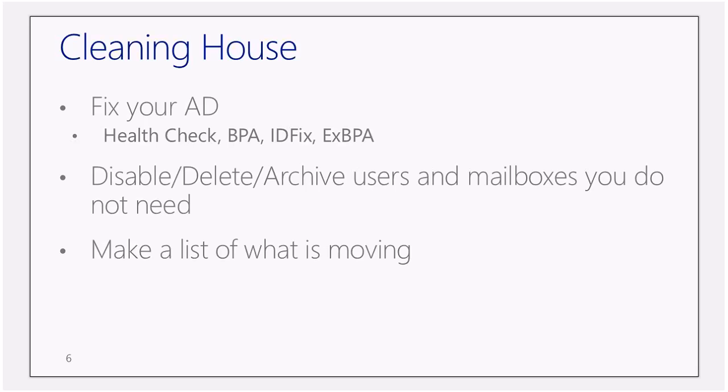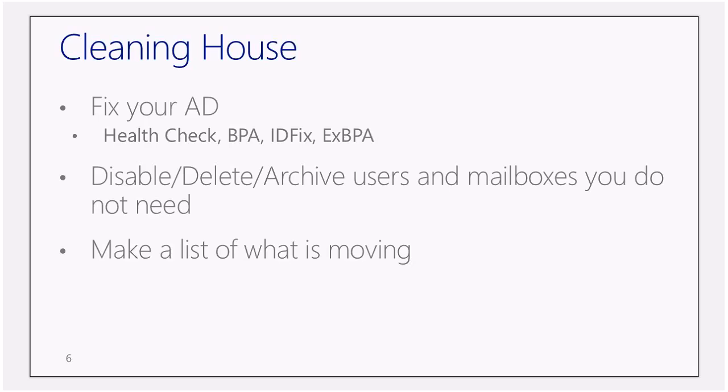So the IDFix tool will go through your Active Directory and tell you those objects that are either duplicates or have incorrect names or incorrect characters that need to be remediated before they can be synced. And then we might also want to look, just as a side there, at the Exchange Best Practices Analyzer as well to make sure your Exchange environment is well.